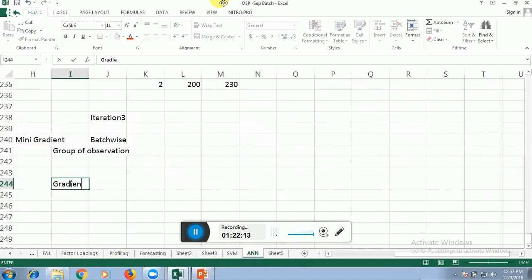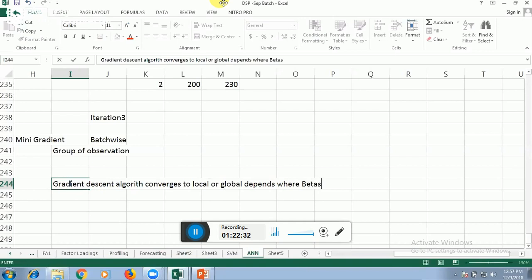Gradient descent, any kind of descent algorithm, converges to local or global depending on where the beta value starts, and it depends on the cost function.